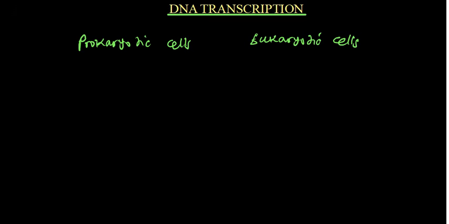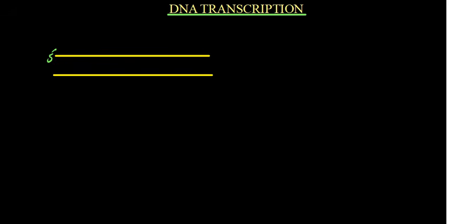As I've already said, transcription is the process by which information from DNA is changed into RNA. DNA is a double-stranded molecule. If I have two strands of DNA here, these two strands run in opposite directions. Let's say this is a 5' end and this is a 3' end, and then this is a 5' end.